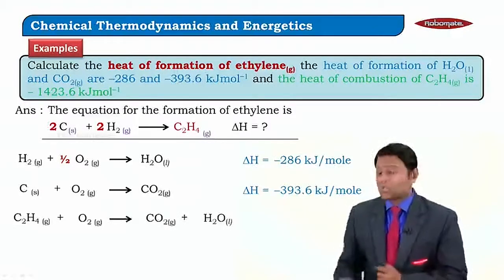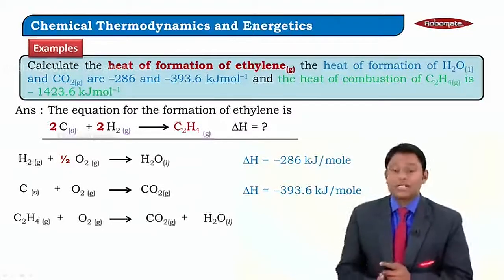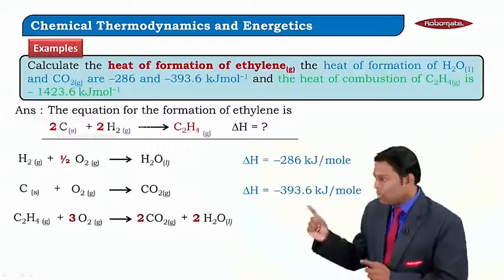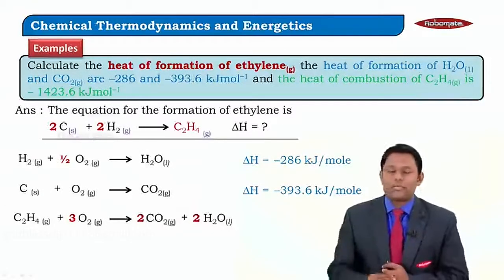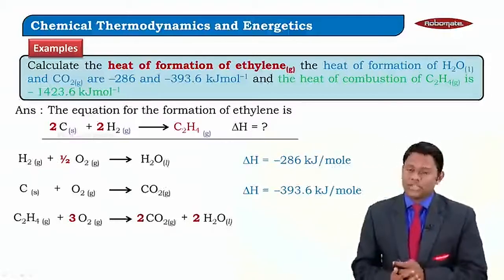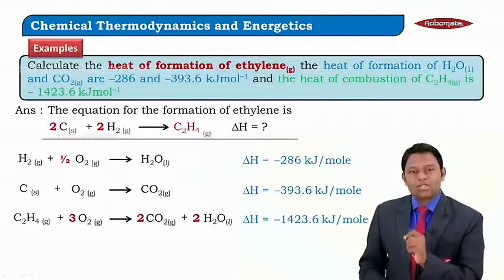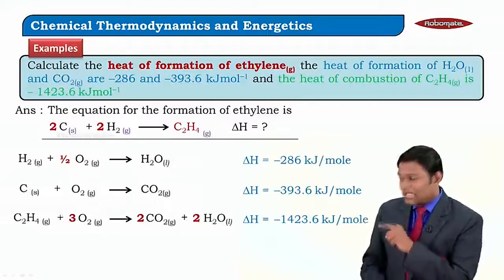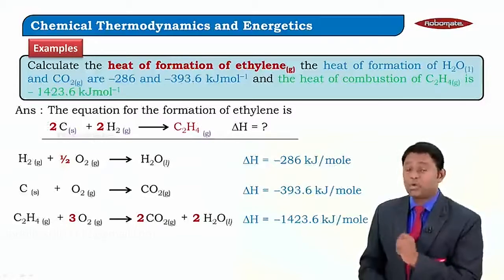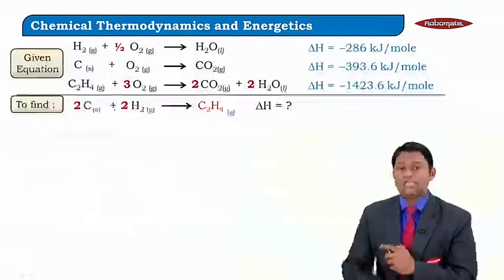Since it is combustion of ethylene, we cannot change the balancing of ethylene, and balancing the other terms, 1 mole of ethylene reacts with 3 moles of oxygen to give 2 moles of carbon dioxide and 2 moles of H2O. Only then the delta H value is minus 1423.6 kilojoule per mole. So these are the equations we have to use to get the equation for formation of ethylene. So let's start the sum.